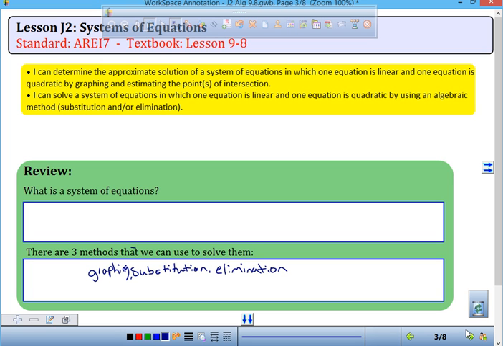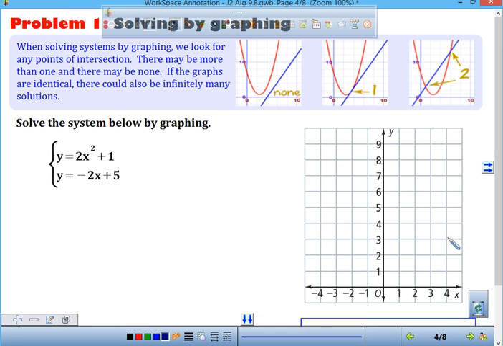But now, since you've worked with so many other equations, we're going to use one linear equation and one quadratic equation. We're going to use the same three methods: graphing, substitution, and elimination. So we need to graph both of these equations.